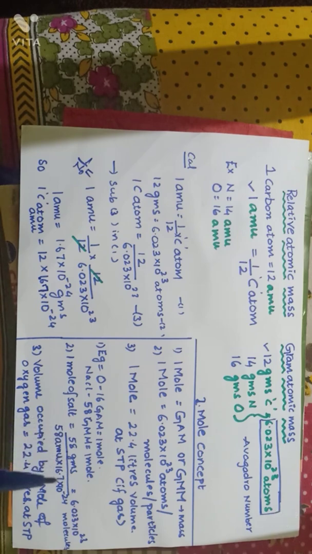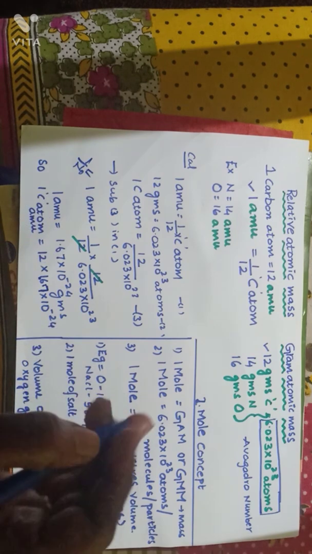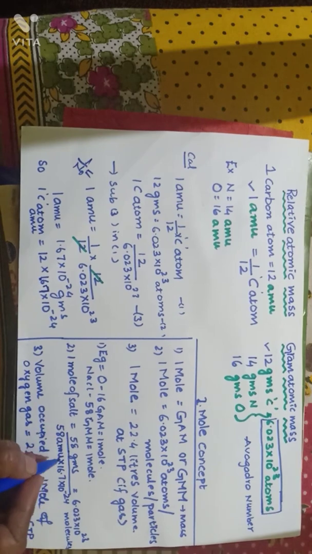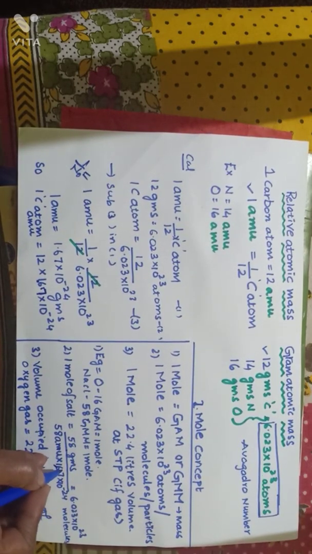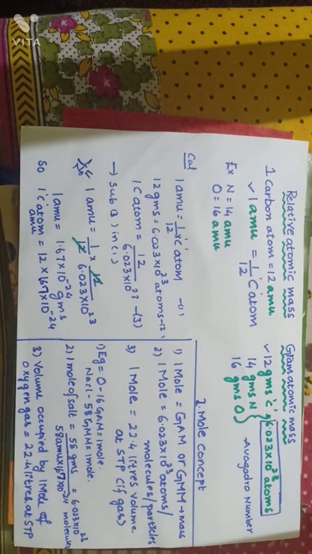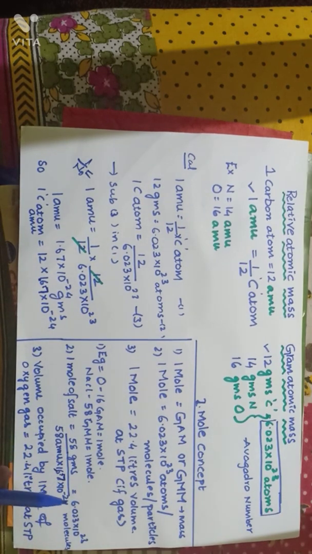In our conversion, we have to use 1 AMU is equal to 1.67 into 10 power minus 24, because we are converting into grams.